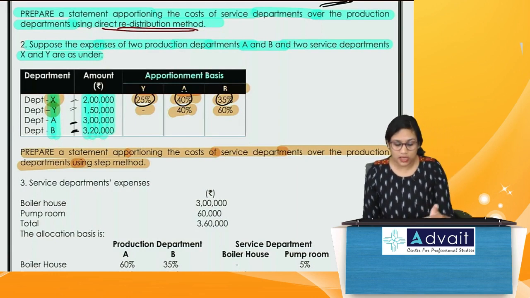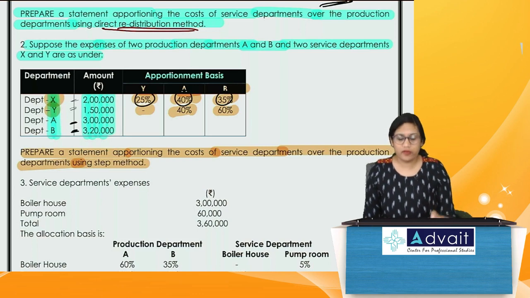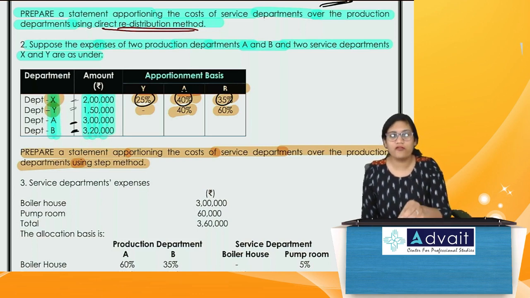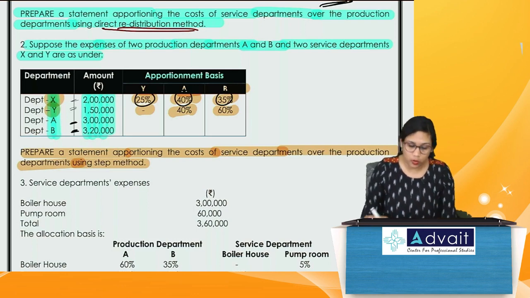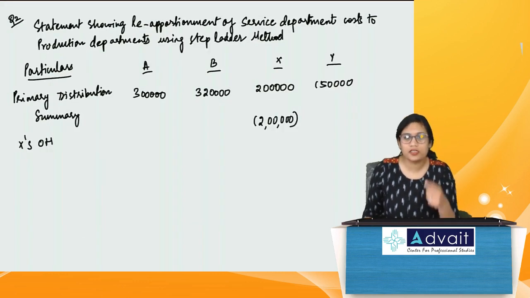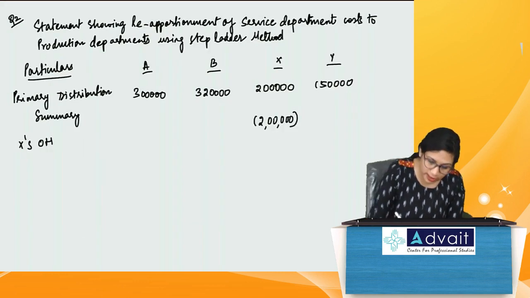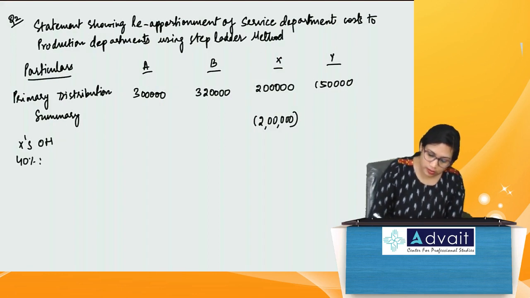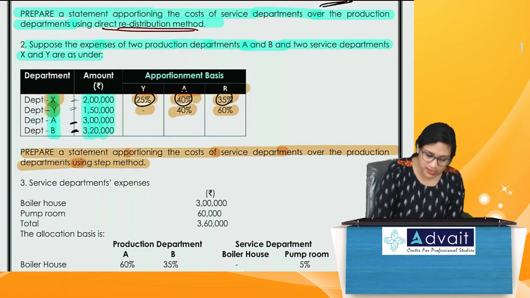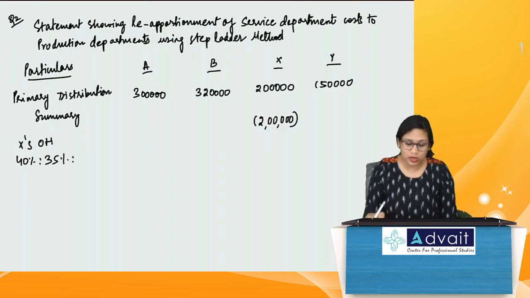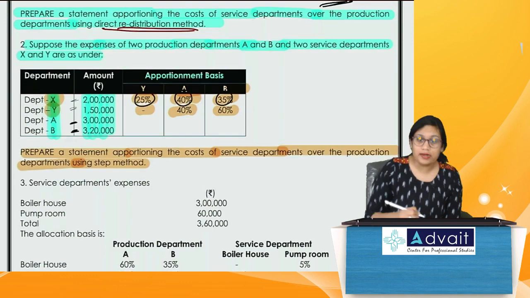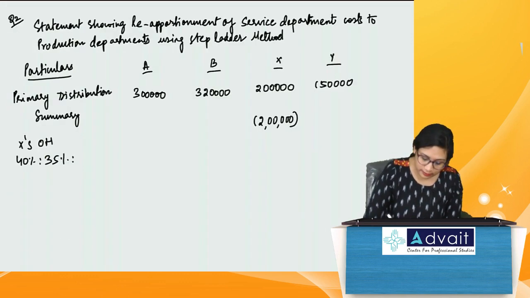Guys, just because in the problem they have given 25 first, 40 first, 35 later, don't take the same ratio. X is giving 40% to A, so 40% will come first, then B 35%. So please open your eyes while doing the problem. Don't get confused. And 25%.